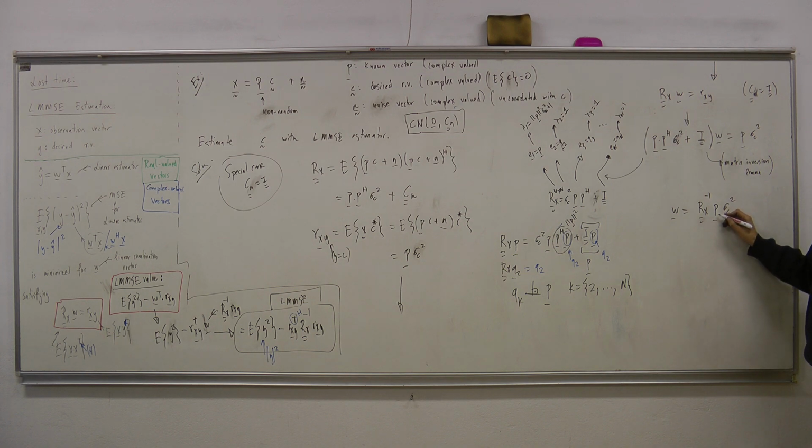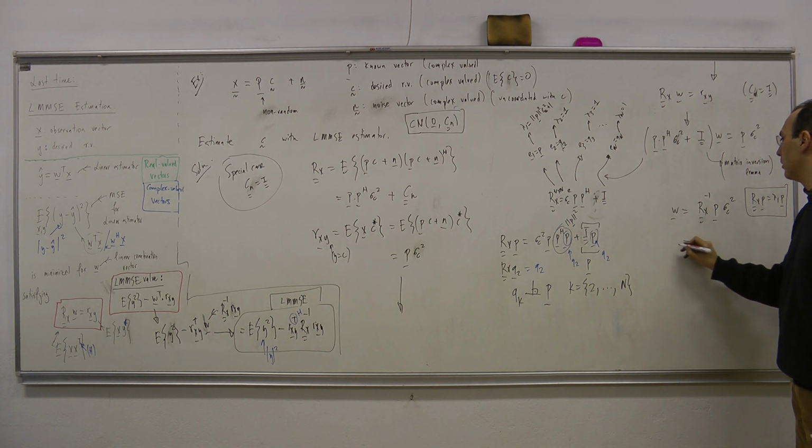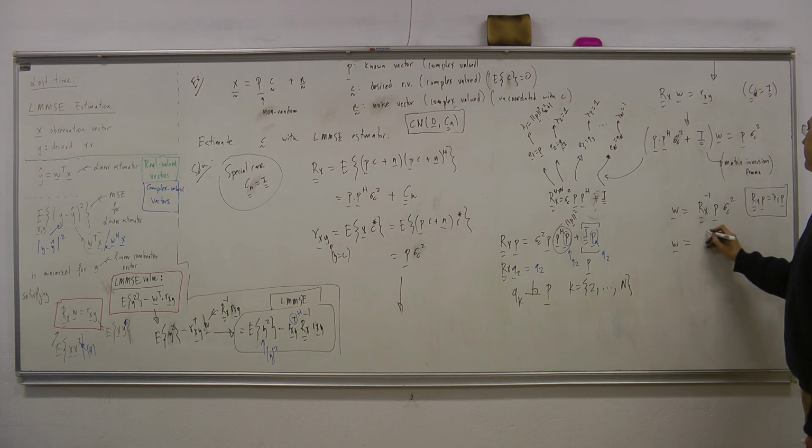Remember that Rx times P is lambda 1 times P, because P is an eigenvector with eigenvalue lambda 1.